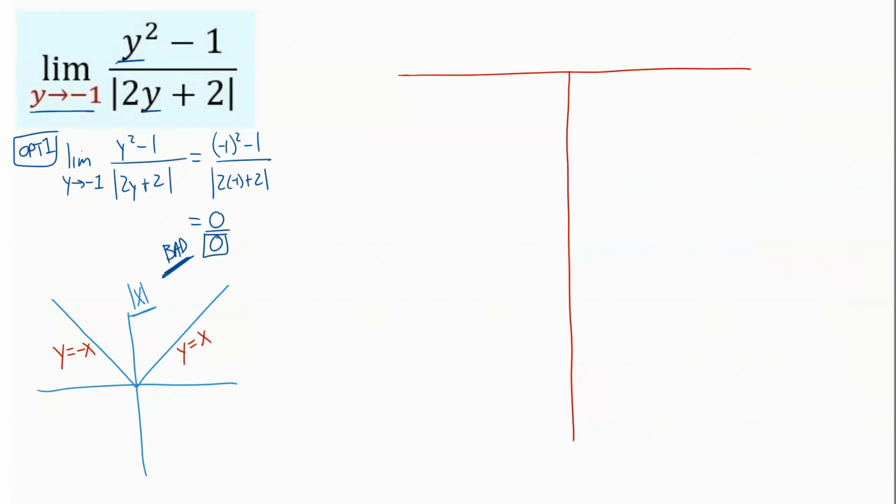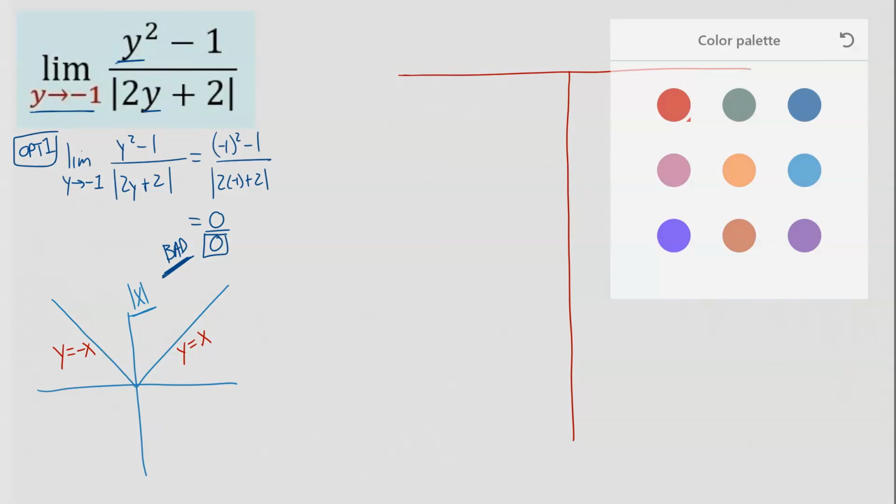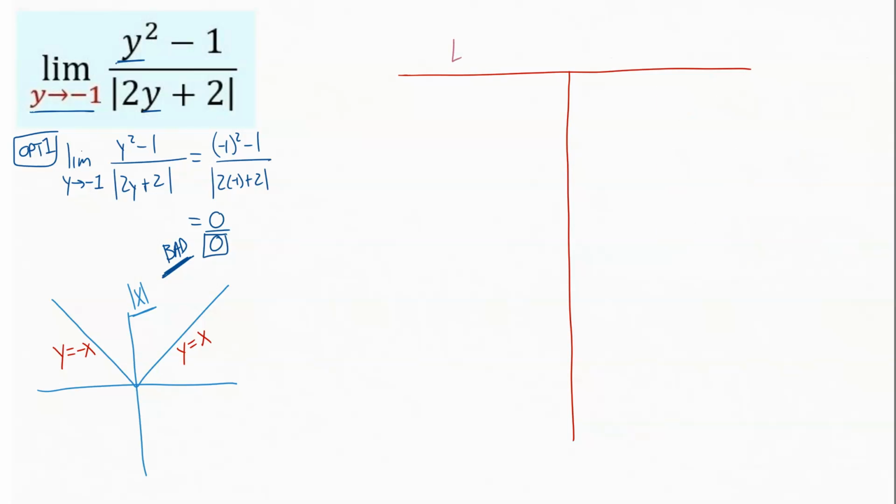And so that's how you're going to break this thing up. We're going to break it up into the left side equation, which is going to be based upon this left side piece right here, the idea that y equals -x. And then we're going to do a right-hand limit, and that's going to be based upon the idea that the right-hand side is the same as this graph y equals x.